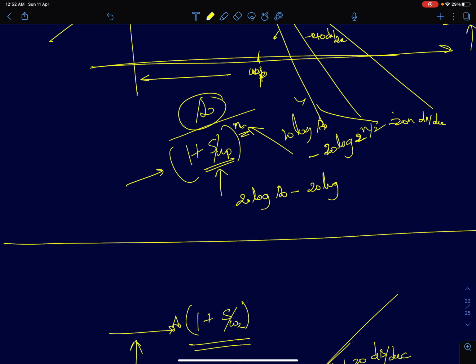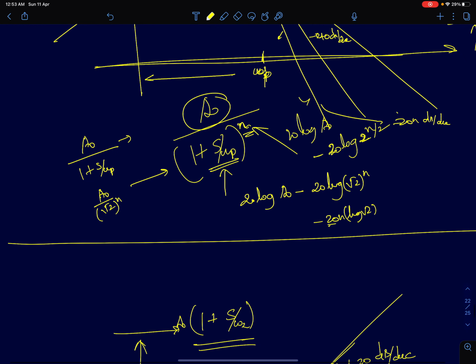Since there are n poles, for example, if I take 1 plus s by omega p, the magnitude of this at s equal to j omega p is A0 by root 2. Since we have n such poles, it will be root 2 power n. So we should subtract 20 log of root 2, the whole power n. So you will get minus 20n log of root 2. 20 log of root 2 is 3, so you will get minus 3n decibels.